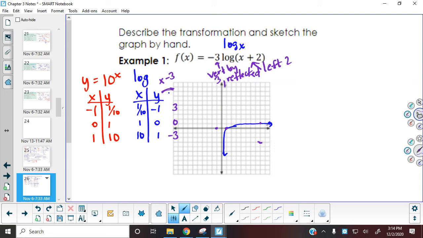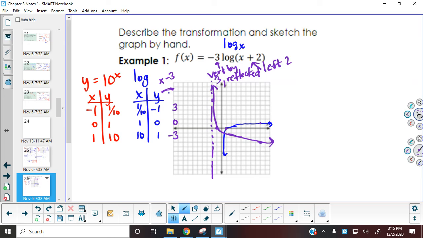And then keep in mind, my asymptote was originally at the y-axis, but since it's been shifted left also, it's going to look something like this. And so instead of growing as you read left to right, because it's been reflected vertically, it's going to go this direction. And so now this is going to be your new graph based on those transformations.